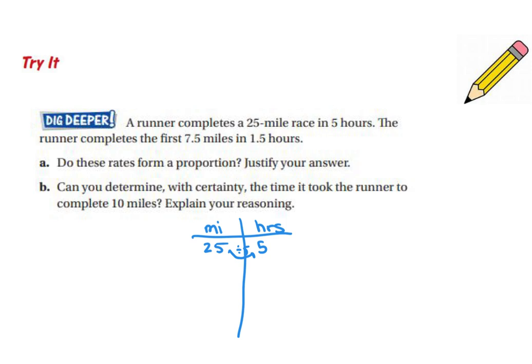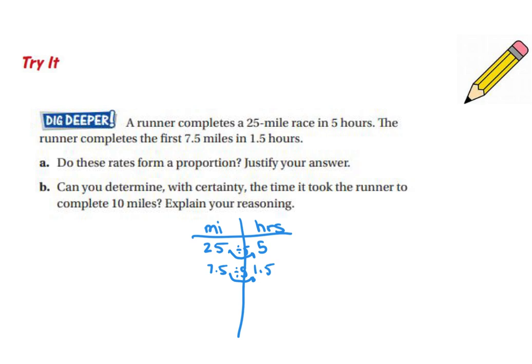So the runner completes the first 7.5 miles in an hour and a half. So is 7.5 divided by 5 equal to 1.5? 7.5 divided by 5 is in fact 1.5. So we have just proven that we have an invariant relationship, and therefore this is going to be proportional.